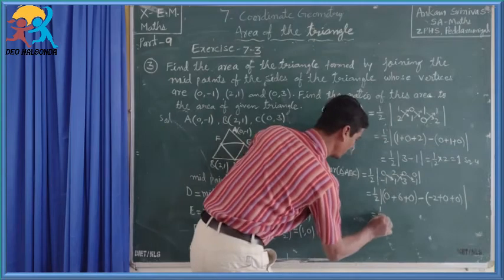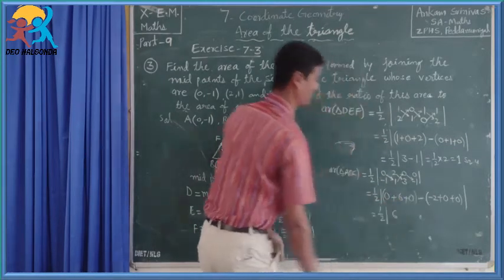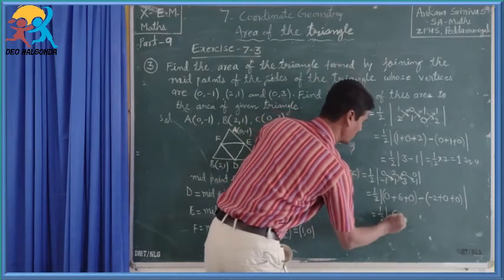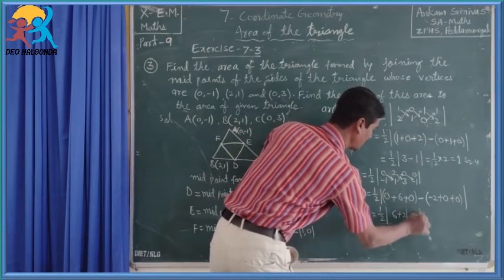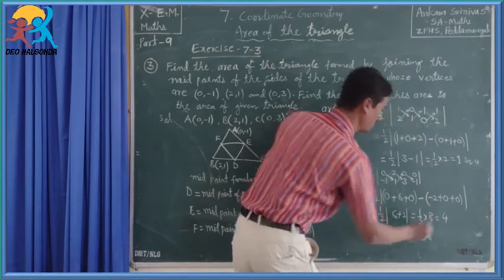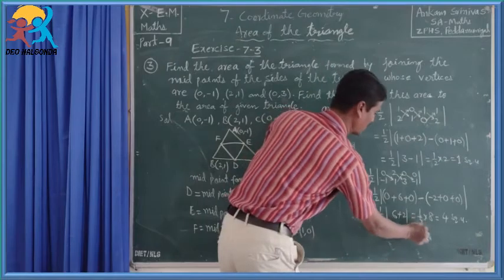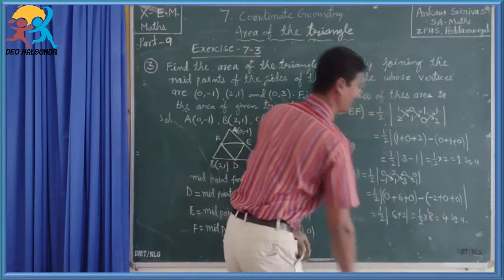Now here 1 by 2 into (6 and minus of minus 2, plus 2), and we will get 1 by 2 into 8 equals 4 square units. So 2 1s are 2, 2 4s are 8.